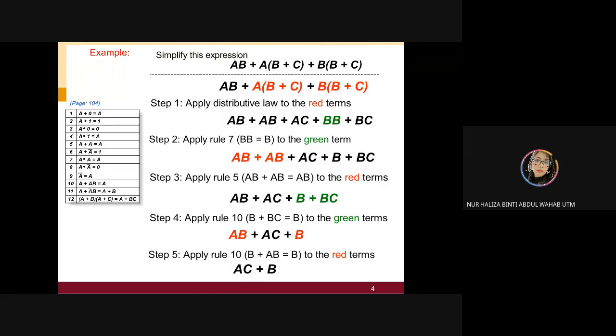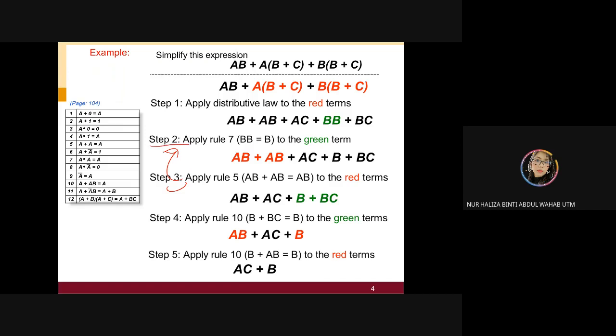Now, if you did not apply rule number 10, you still can use other rules. And from here, maybe you don't want to simplify yet, then you simplify at the end of the answer. It's okay because you can swap any rules.